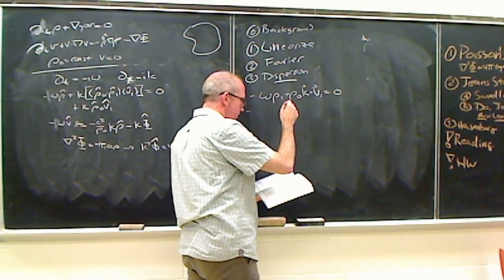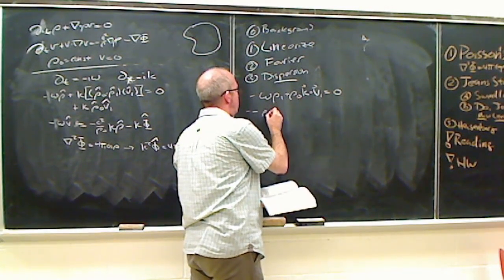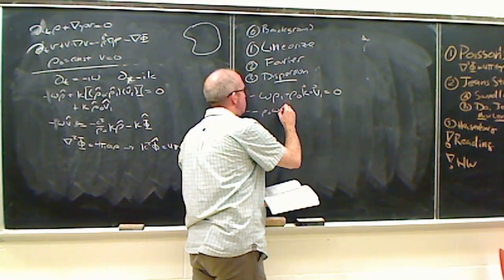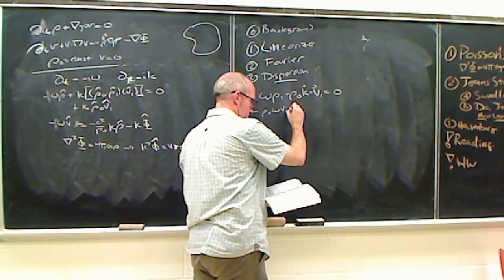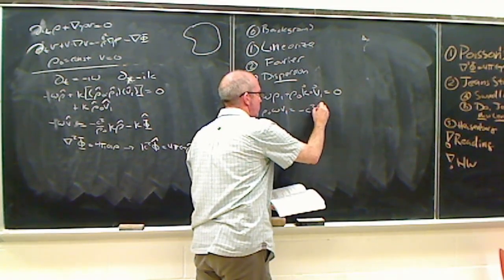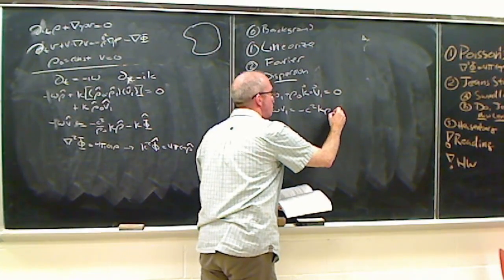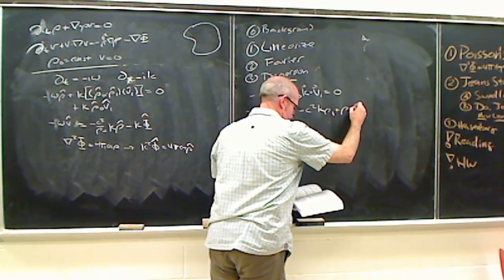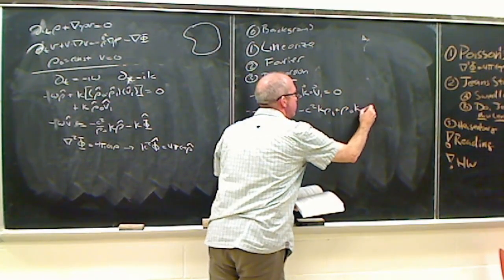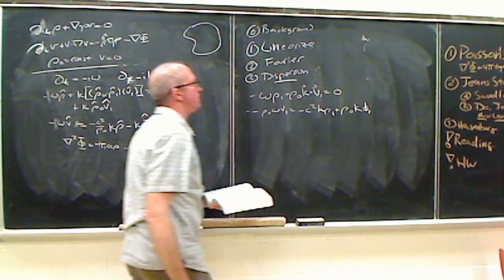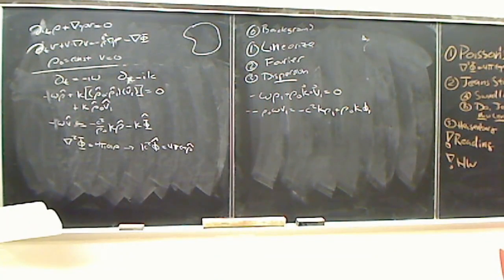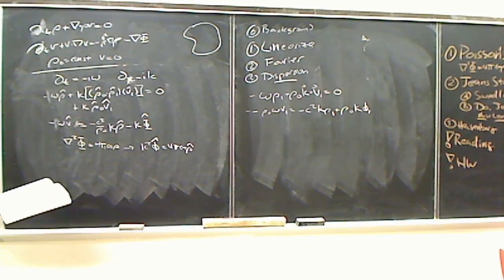And then the other one, which is minus rho naught omega v1 equals minus c squared k rho 1 plus rho naught k phi 1. Does that make sense so far?